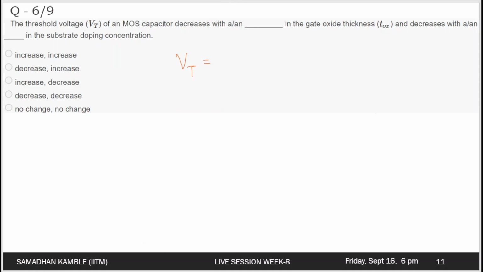Okay, someone wants to enter. Okay, so as I said, the Vt is given by Qd, which is nothing but the depletion charge, over the oxide capacitance plus twice phi f. And we know that in our case the Vt is decreasing, so when Vt decreases, that means the Cox is increased.